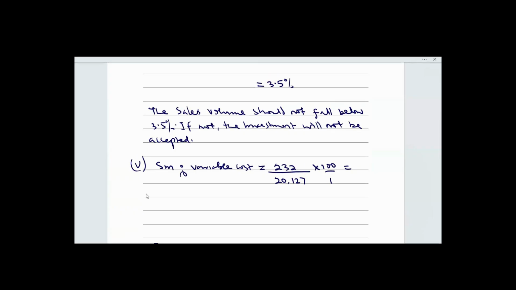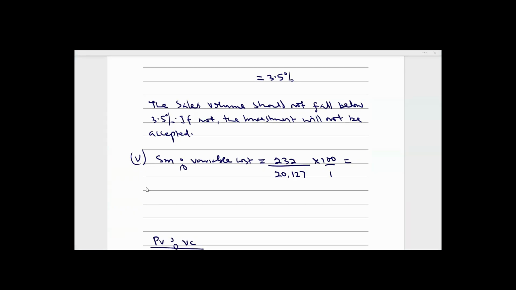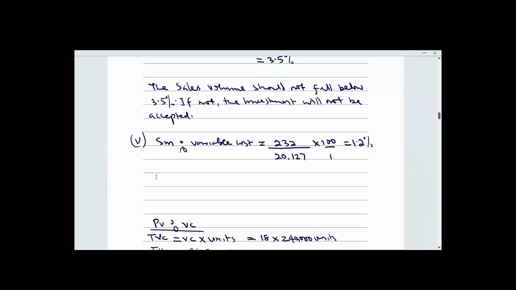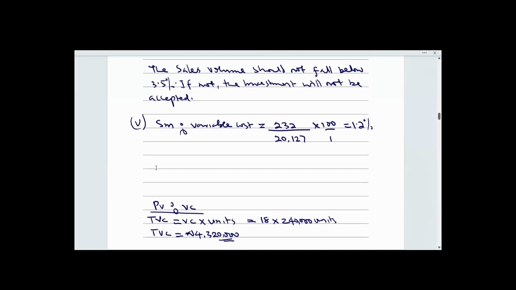So the final answer is 232 over 20,127, which gives 1.2%. Which means that variable cost should not be allowed to increase beyond 1.2%. Otherwise, the investment proposal will not be undertaken. The variable cost should not increase beyond 1.2%.